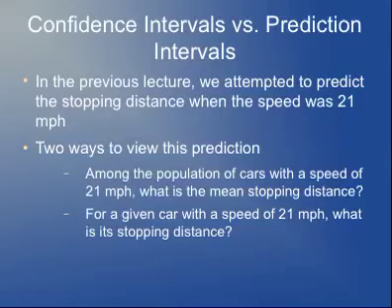We're trying to predict the stopping distance for one individual in the population. Regardless of whether we're trying to predict the population mean or whether we're trying to make a prediction for one specific observation, the estimated values will be the same, but the confidence intervals will be different. Not surprisingly, the confidence intervals for the mean will be narrower than the confidence intervals for an individual.